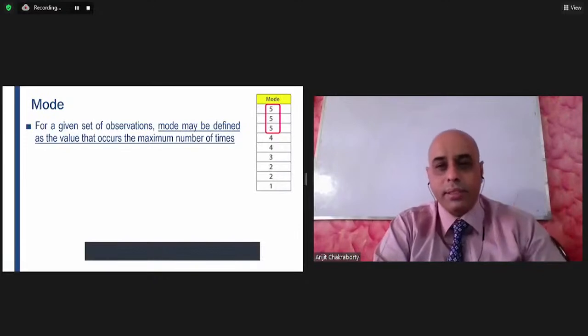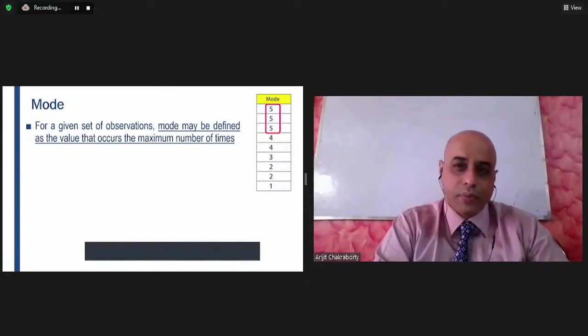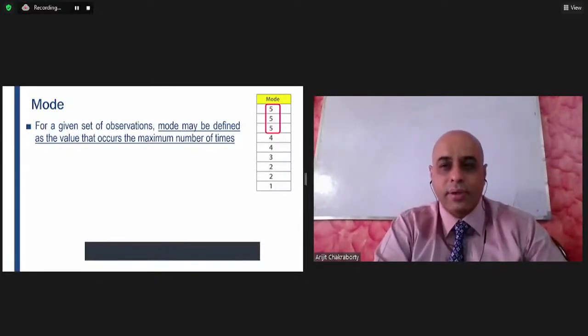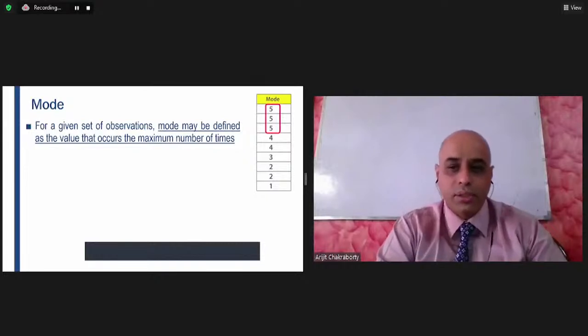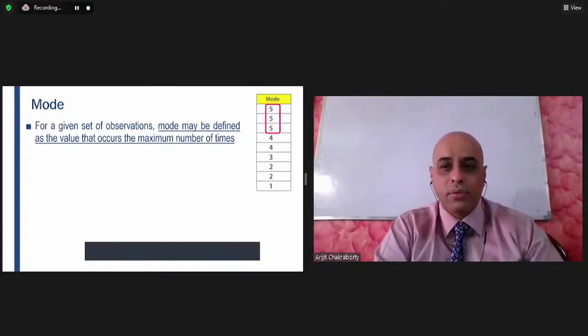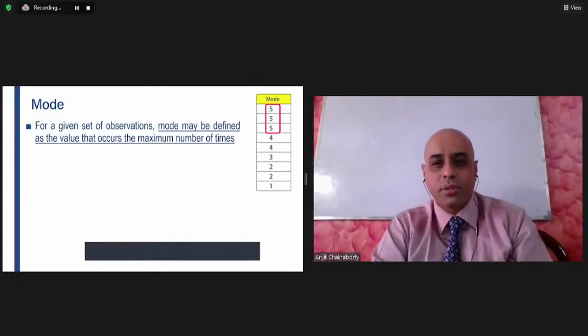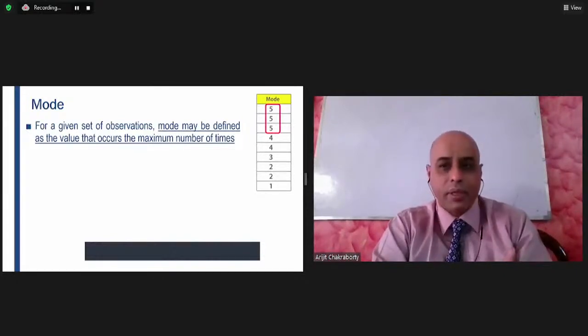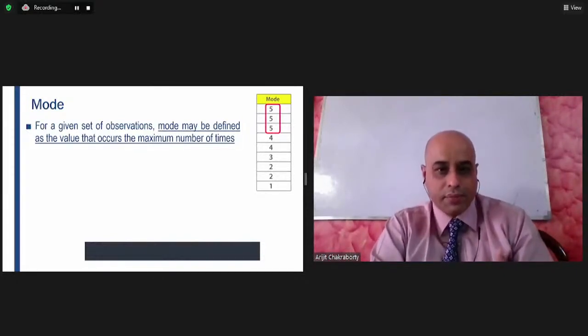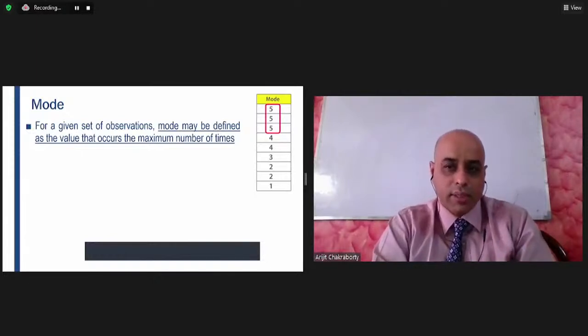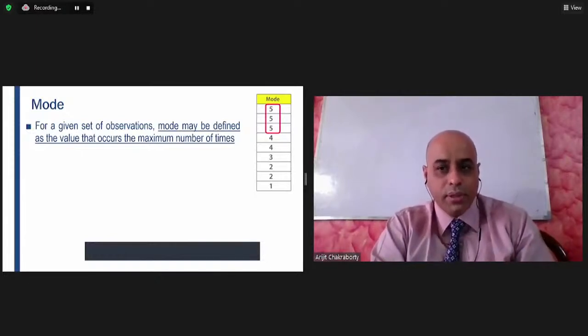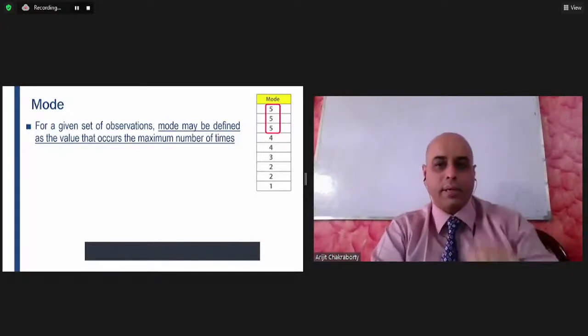Now here you can see that we have certain numbers: 5, 5, 5, 4, 4, 3, 2, 2, 1. If you see, how many times do you see 1? You see only once. 2 appears 2 times. 3 appears only once. 4 appears 2 times in that picture which you see on the right hand side of the slide. Now 5 appears 3 times.